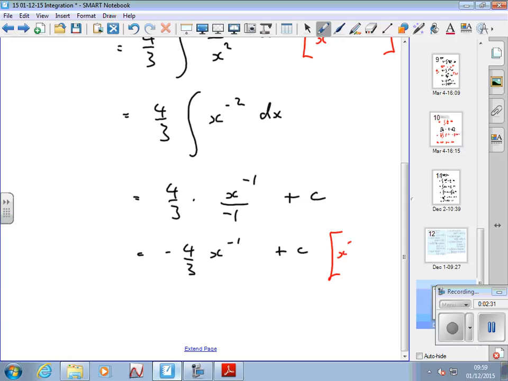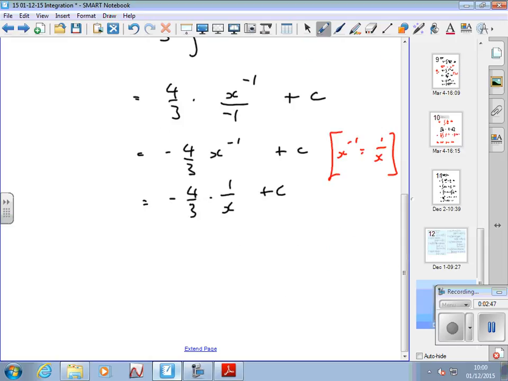But x to the minus 1 means 1 over x, doesn't it? From that inverse law, minus 1 means the inverse. So I can actually finish off by writing this as minus 4/3 times 1 over x plus c. And then recombine them and call it minus 4 over 3x plus c.